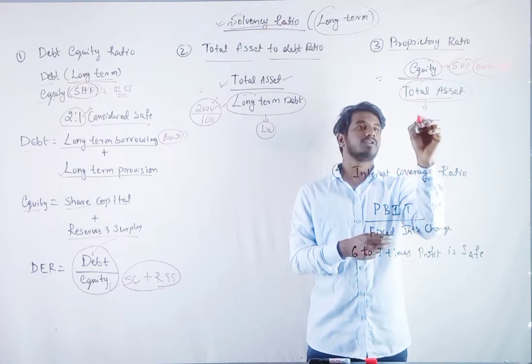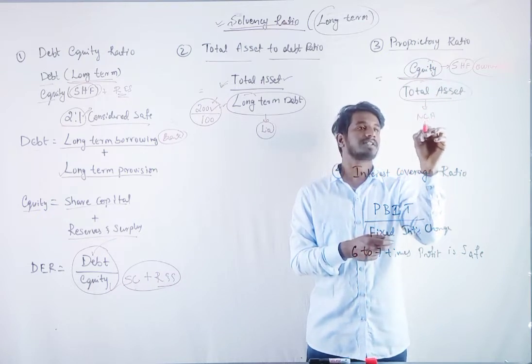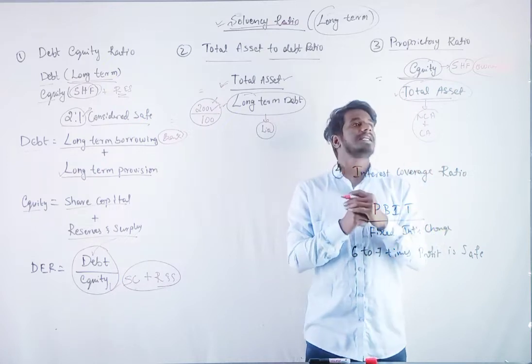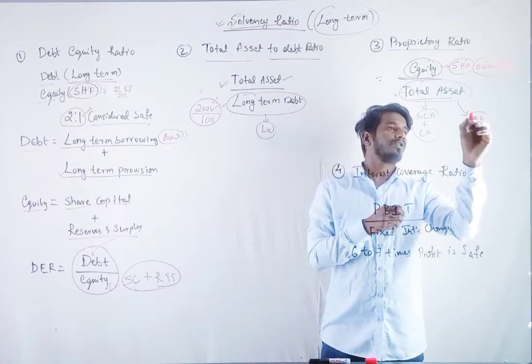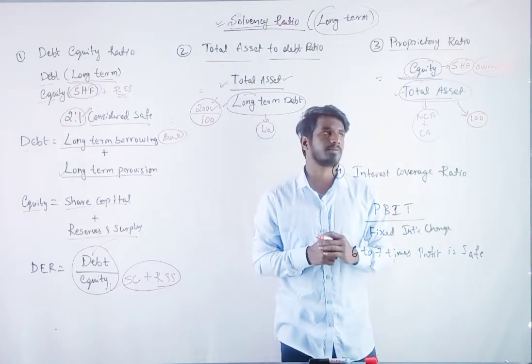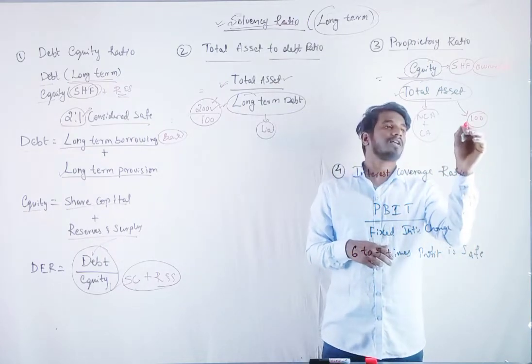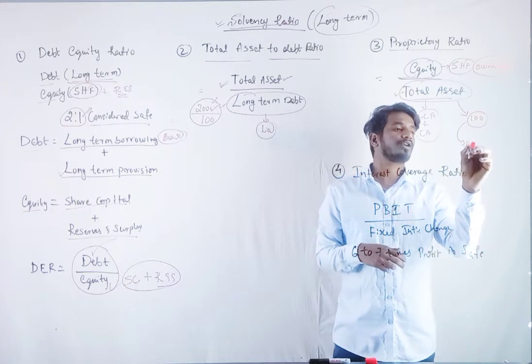Total asset means non-current asset plus current asset. Let's say total asset is 100 rupees. Out of that, how much owner's contribution is there?